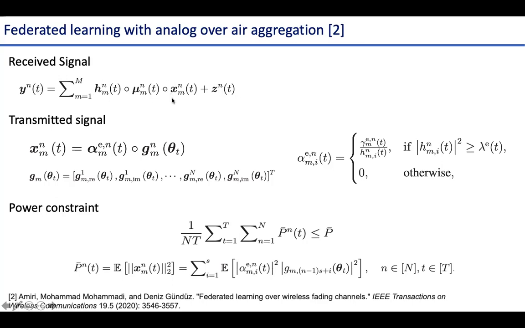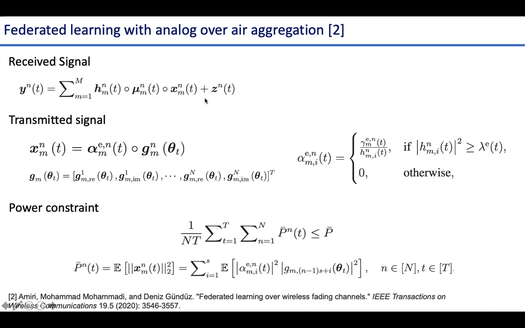Where x_mn(t) is the transmitted signal from worker m at time slot n of iteration t, scaled by the channel, with element-wise multiplication. So every element in x is scaled by the corresponding channel. And we introduce this indicator variable here, which is equal to 1 if user m is transmitting on time slot n at iteration t and 0 otherwise.